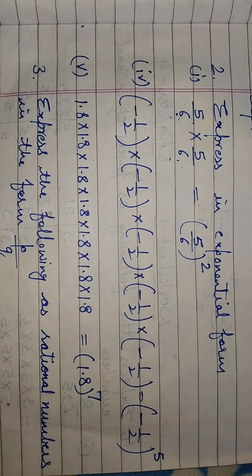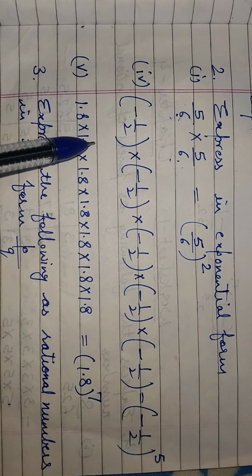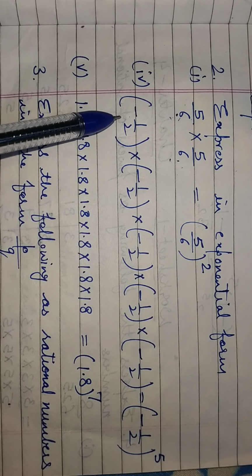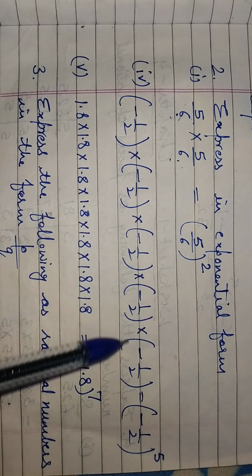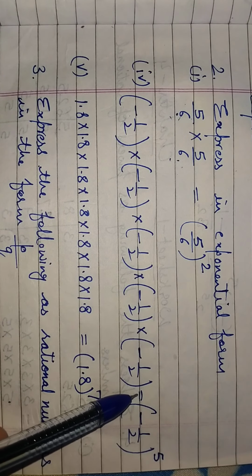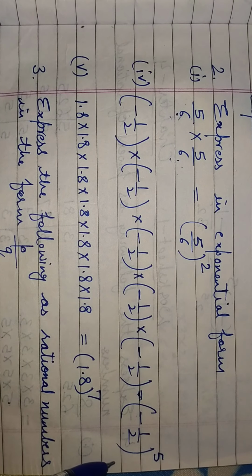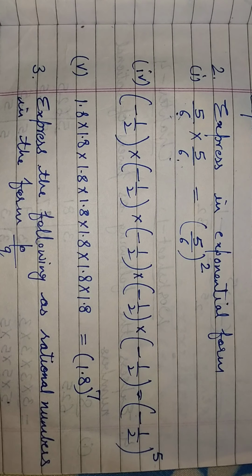Fourth part: minus 1 by 2 into minus 1 by 2 into minus 1 by 2, you multiply. Firstly you will count how many times it is given: 1, 2, 3, 4, 5. You will write it like this: equal to minus 1 upon 2 whole bracket power 5.